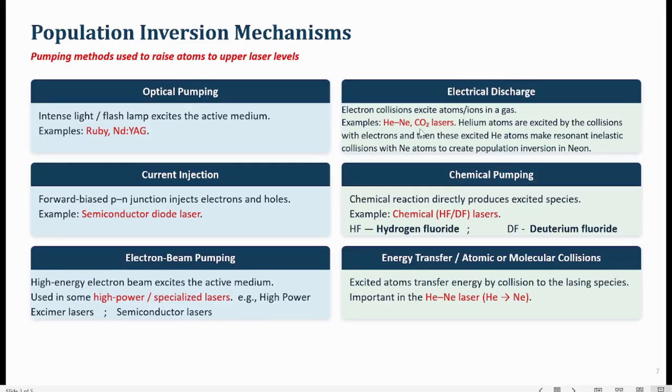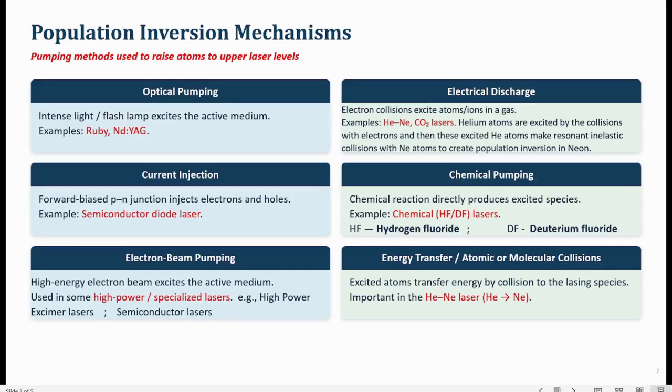Whereas in case of gaseous lasers like helium neon or CO2 lasers, electron collisions through electrical discharge are used as the mechanism for population inversion creation.